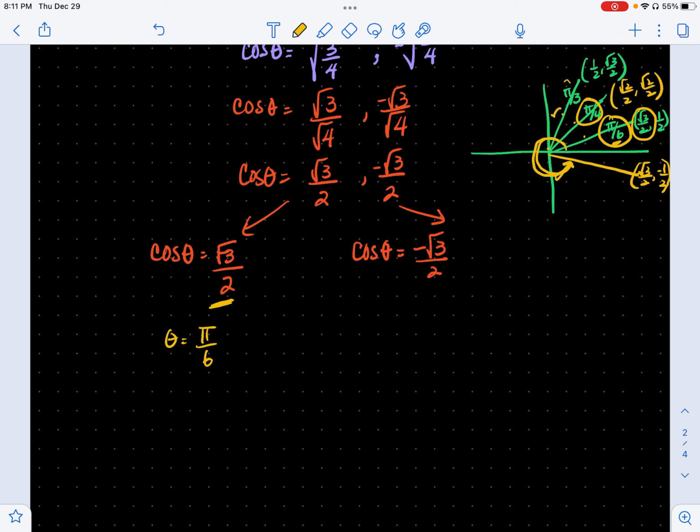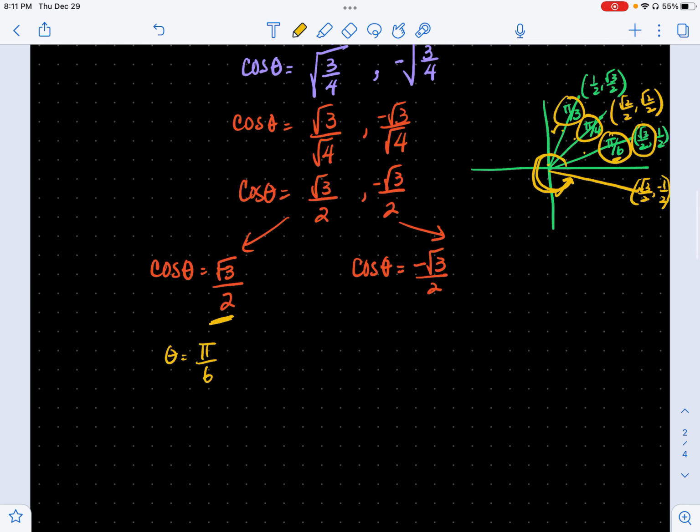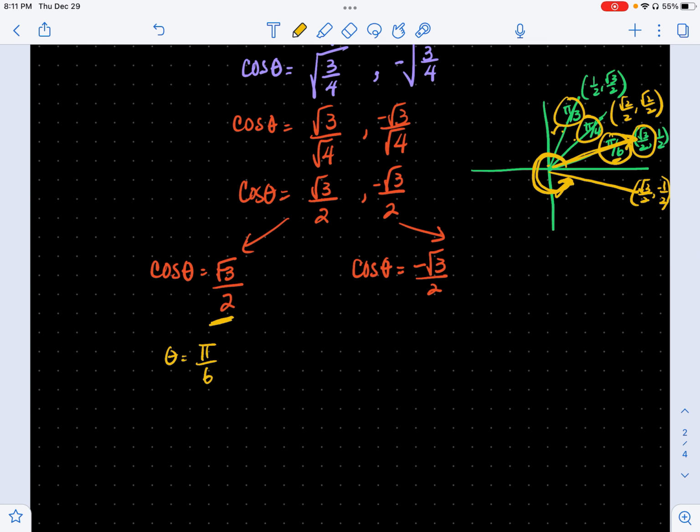It's actually pi over 6, pi over 4, pi over 3. So my only concern is what angle this is. Since this is a sixth, this one would also be a sixth, except it's in the negative direction. But that's a reference angle.